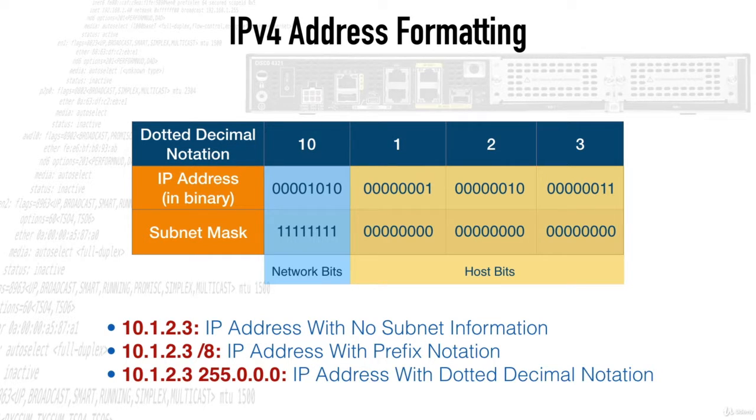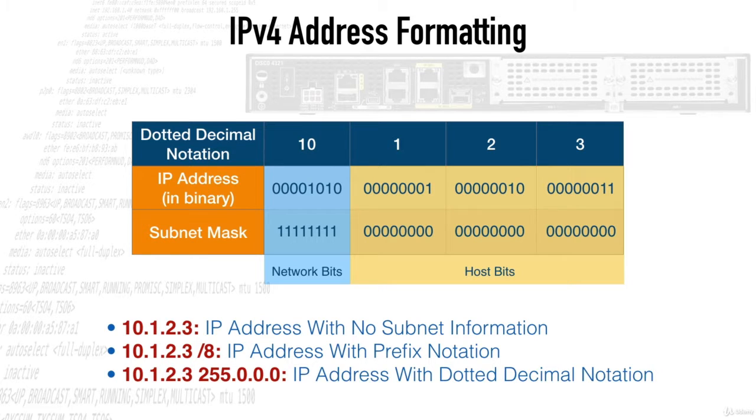Those are a couple different ways that we could write this IPv4 address to include subnet mask information, but what I wanted you to take away from this video was that it's crucial that we have that subnet mask information for an IP address if we want any hope of knowing on what network it lives. And as we've previously alluded to, we're going to have the ability to draw that subnet mask dividing line where we want to draw it to meet our specific design goals, and we'll get plenty of practice with that in this video series.